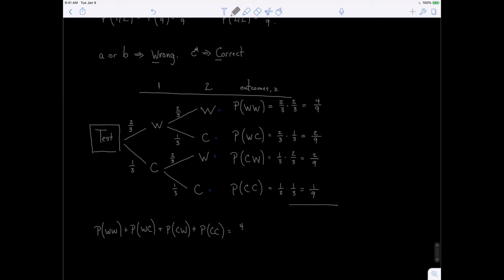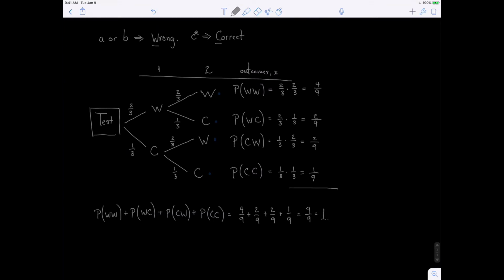Well, that's 4/9 plus 2/9 plus 2/9 plus 1/9. So 4 plus 2 is 6, plus 2 more is 8, plus 1 more is 9/9, which is just 1. And so look at that. Now we have the 9 in the denominator, as we would expect, and all the probabilities add to 1.